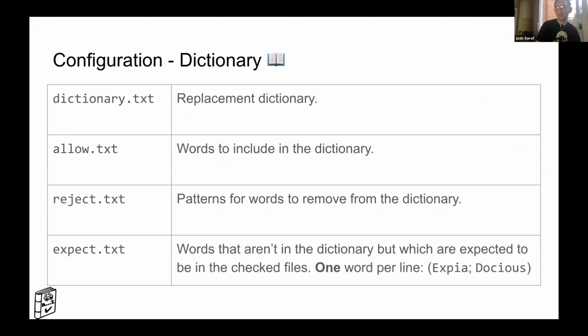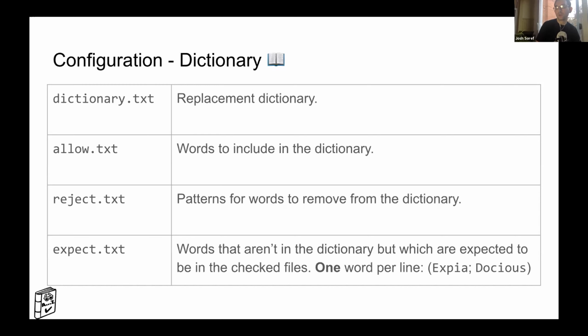And then you have the ability to create an allow file, or really a directory of them, which is where you're adding extra words to the dictionary. And then reject lets you remove words from the dictionary. For instance, there's a word SPAE, which is in the dictionary because it's a word, but on average, I've only seen it as a typo for space.